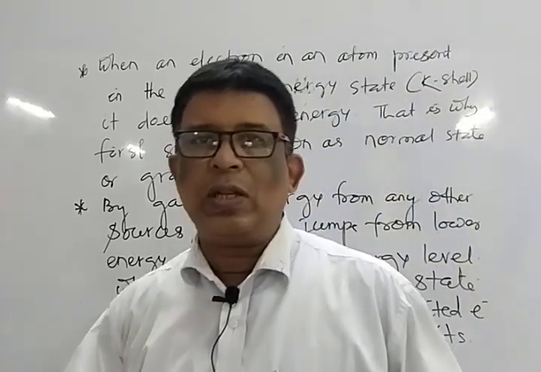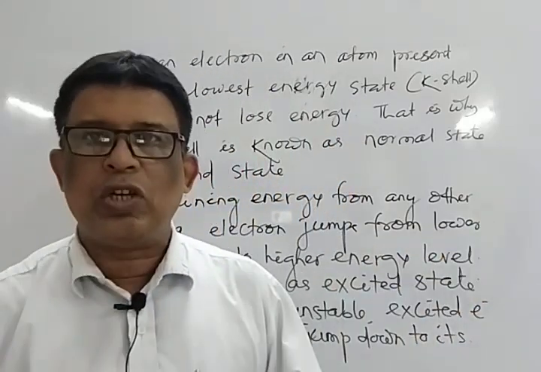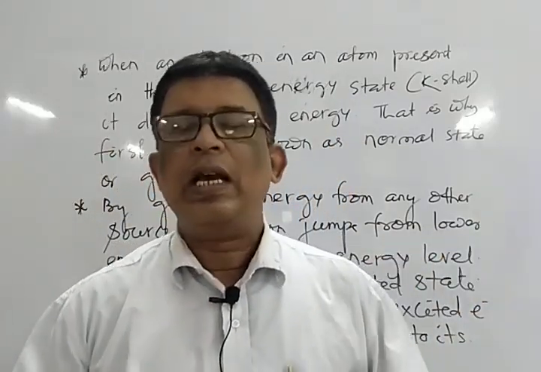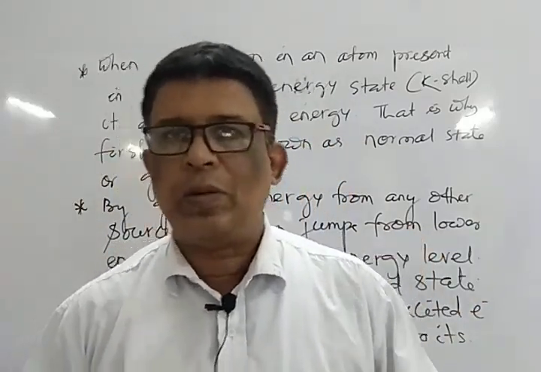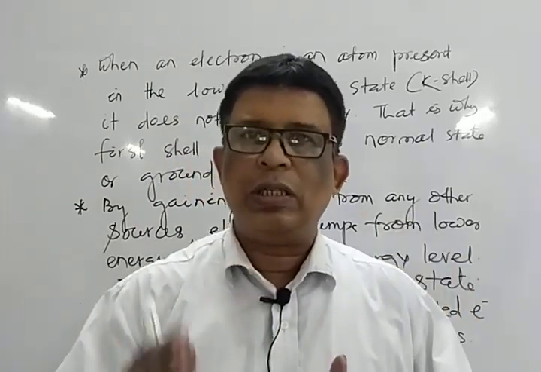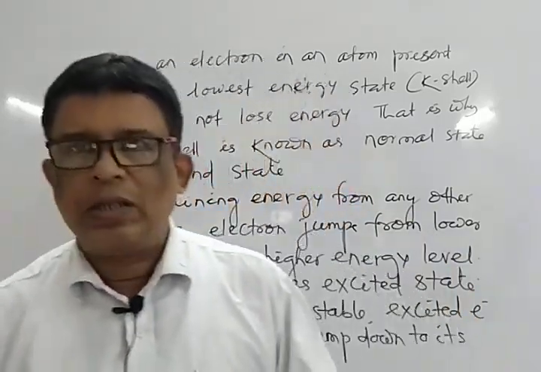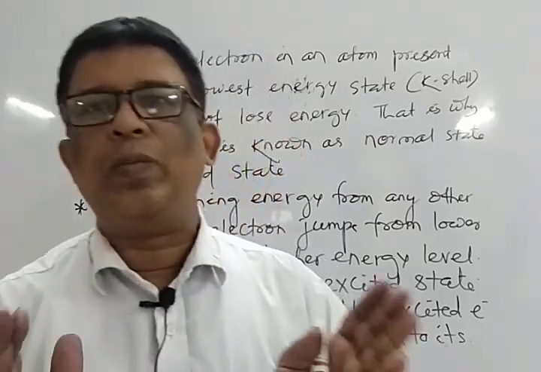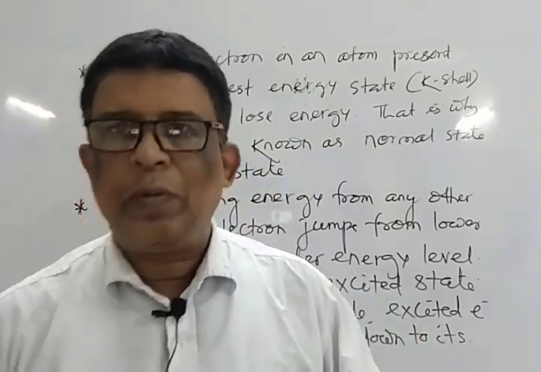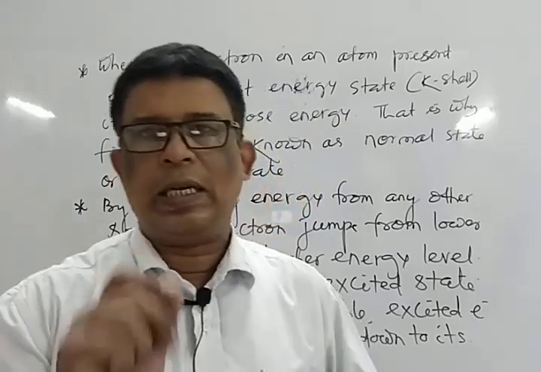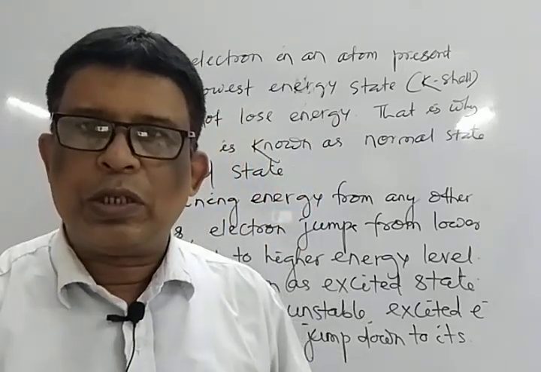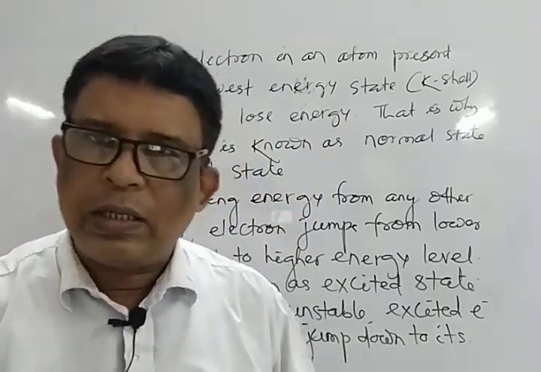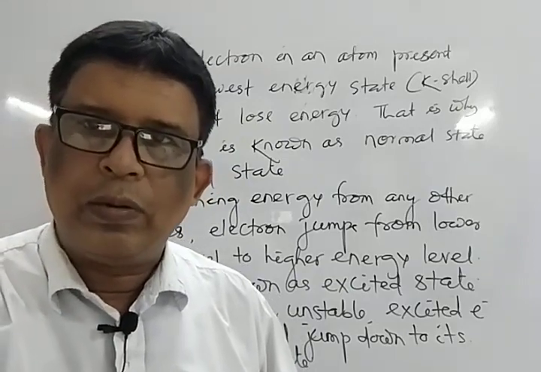During this jumping, it loses energy that is proportional to the frequency of radiation. That is, if the lower energy is E1 and the higher energy is E2, then the difference in energy, E2 minus E1, is directly proportional to the frequency of radiation, that is E2 minus E1 proportional to nu, or E2 minus E1 is equal to h nu.